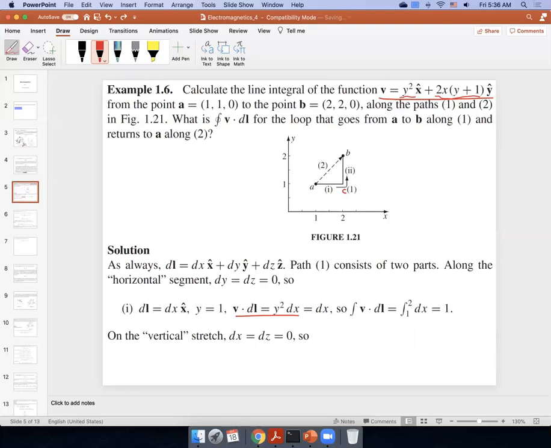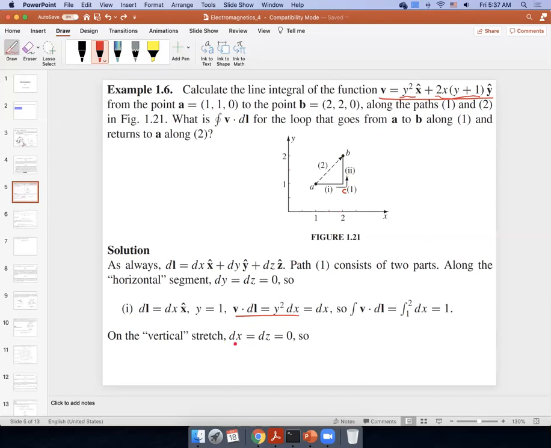So it's the integral from 1 to 2 of dx, and this value is 1. So the integral from a to c is 1.